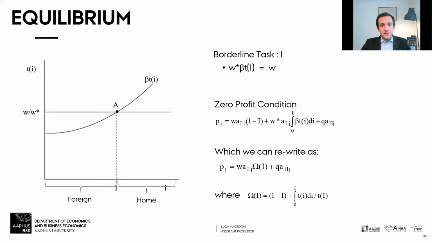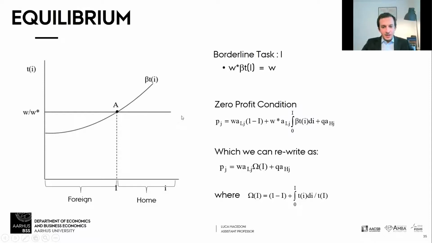And you can see here the figure I drew on the iPad on the slide. Right, so here we have our beta times t i function, our relative wage horizontal line, and then the borderline task I.